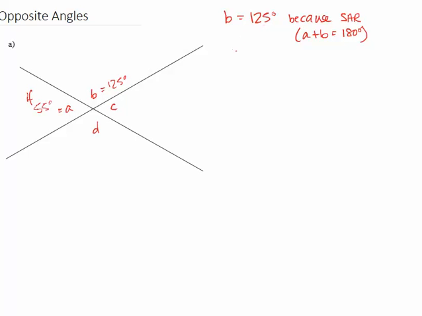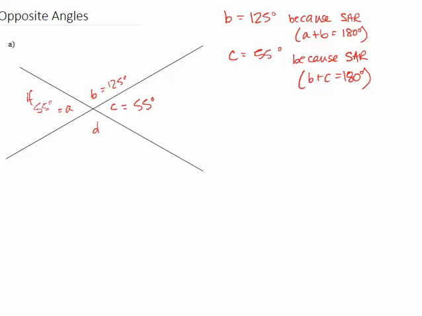So if I know that B is 125, then I know that C is supplementary to B. So that means C would be 180 minus 125, and that would mean that angle C is 55 degrees, again because of SAR, because B plus C equals 180 degrees. So this angle measurement is 55 degrees.